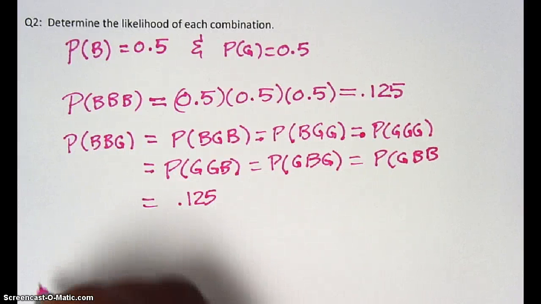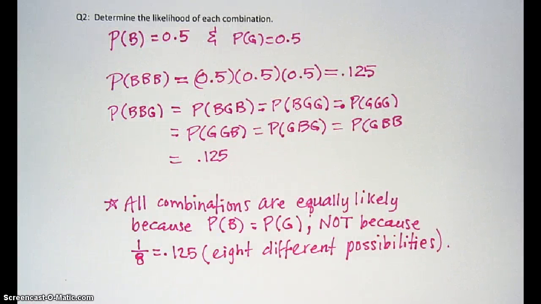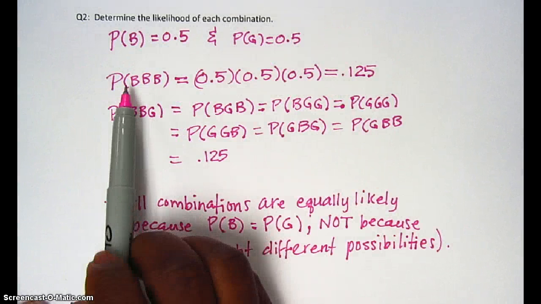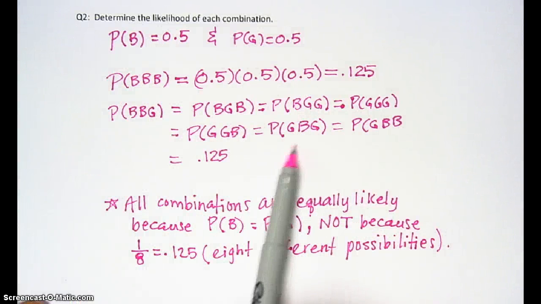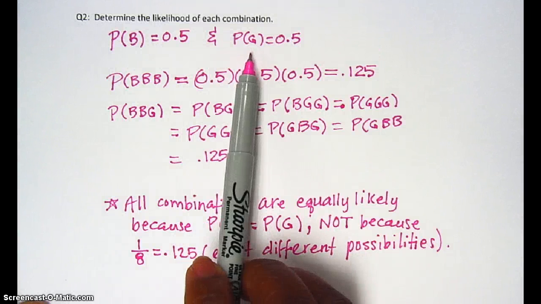Now, I want to make it really clear that these events are equally likely because the individual events of being boy and being girl are equally likely, not because there are 8 combinations and 1 out of 8 is 0.125. I'll say that again. All of these combinations are equally likely because the probability of being boy equals the probability of being girl.